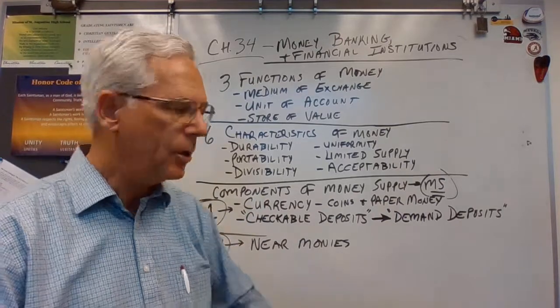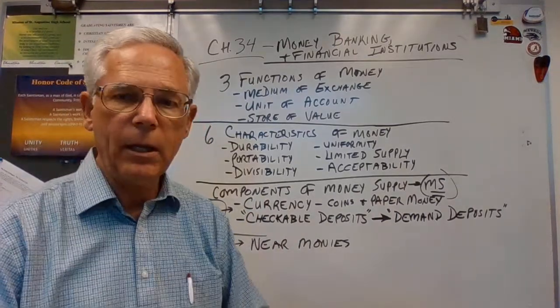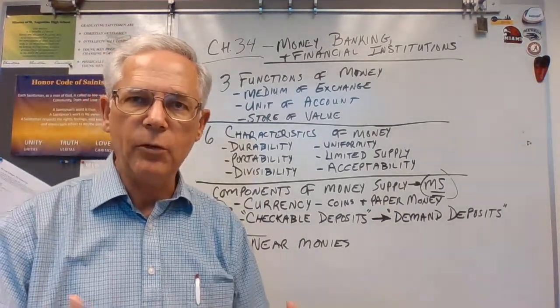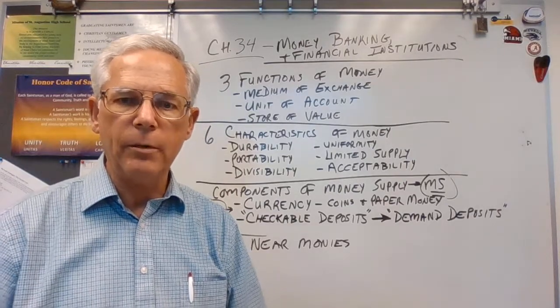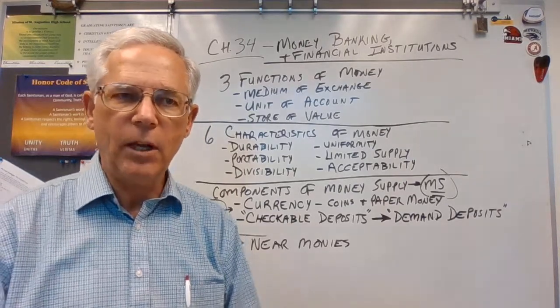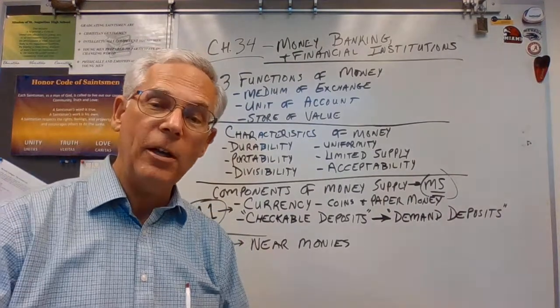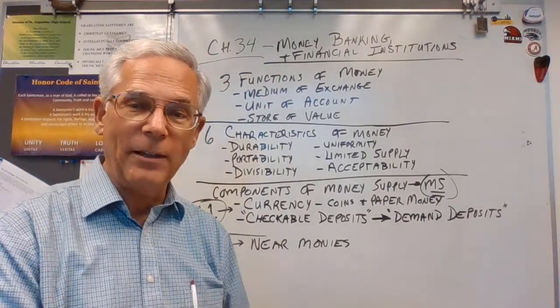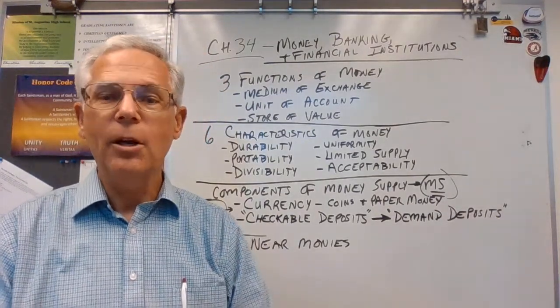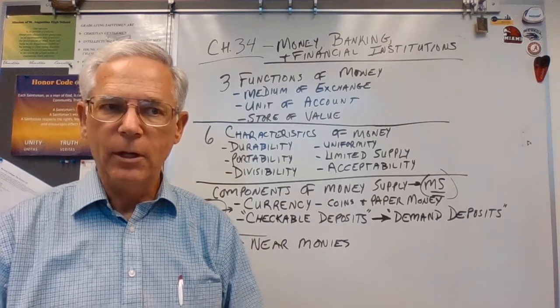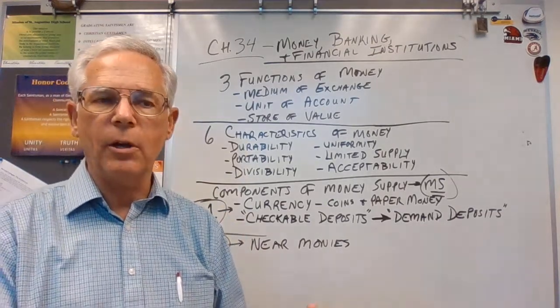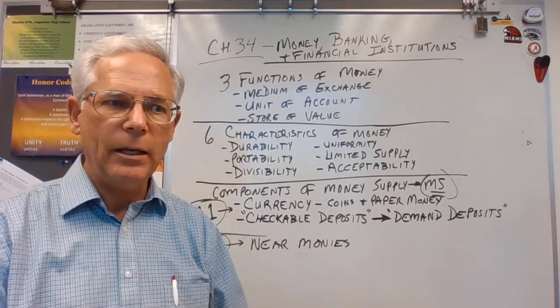Currency, you read in the book, is all the coins, all the paper money. Remember from your U.S. history class that those can only be coined or printed by the federal government, not by state governments. Although historically state governments were allowed to print money, they were never allowed to coin money, ever, going all the way back to the beginning of the government under the Constitution of the United States, 1788-89.